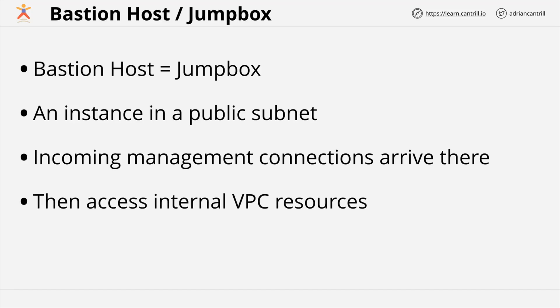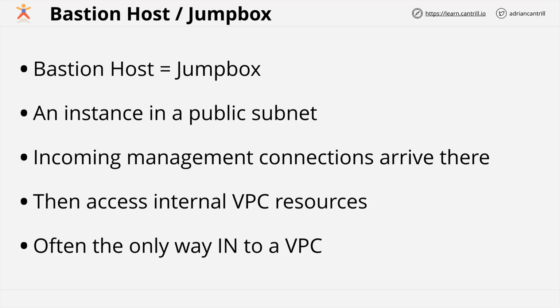So Bastion hosts and jump boxes are generally used either as a management point or as an entry point for private-only VPCs. So if your VPC is a highly secure private VPC, you'll generally have a Bastion host or a jump box being the only way to get access to that VPC. So it's essentially just an inbound management point.